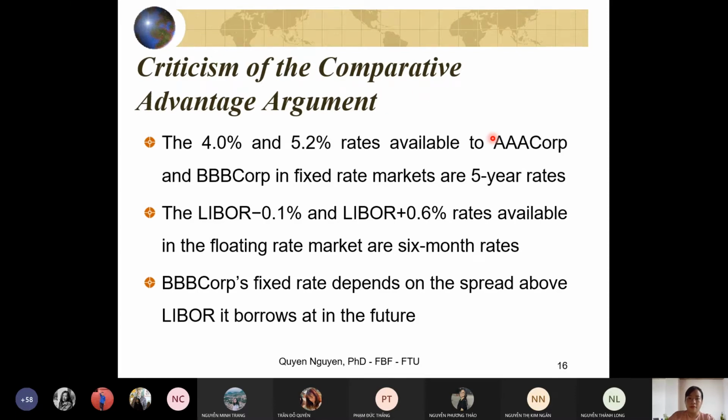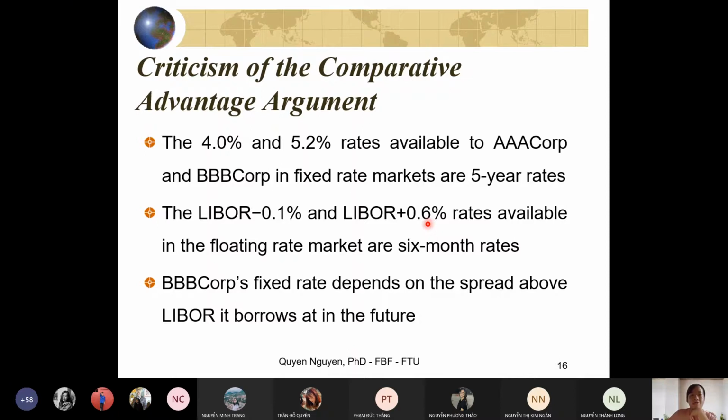Okay, so the comparative advantage argument, we would have some comments regarding this comparative advantage argument.